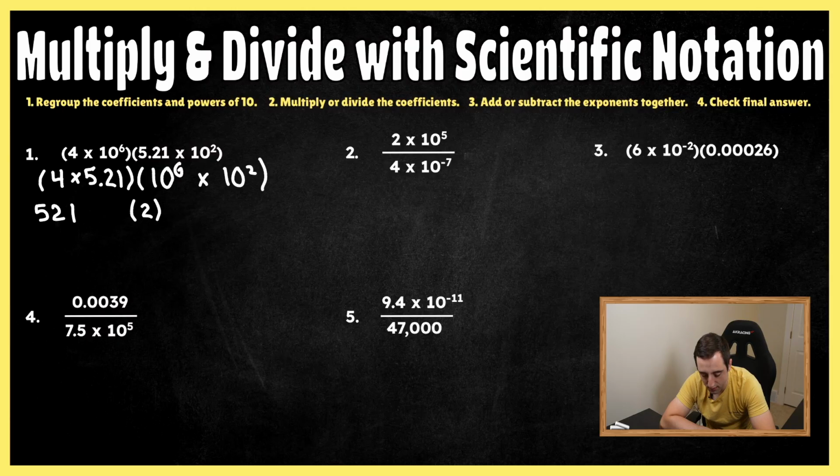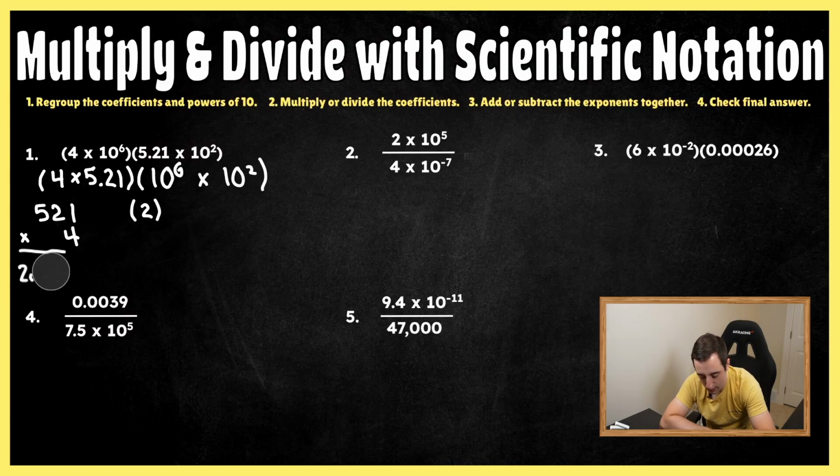So we're going to do 521 times 4. Now let's multiply. 4 times 1 is 4. 4 times 2 is 8. 4 times 5 is 20. And that 2 in parentheses tells us at the very end we should have 2 numbers behind our decimal point in our final answer. So we get 20 and 84/100ths for the first part.